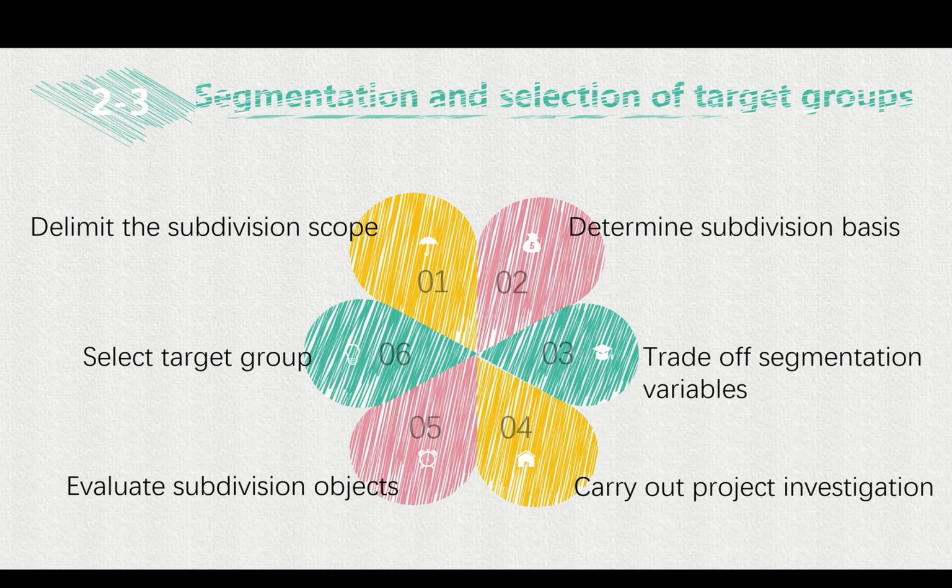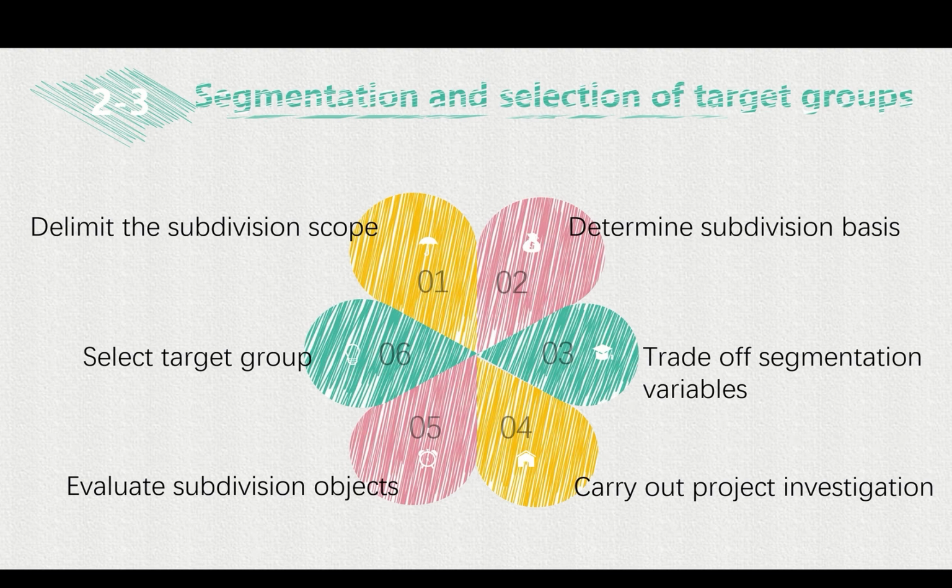It refers to the main factors that affect the group's demand for a product or activity, including demographic factors like gender, age, income, etc., psychological factors, geographical factors, etc. Third, trade-off segmentation variables.